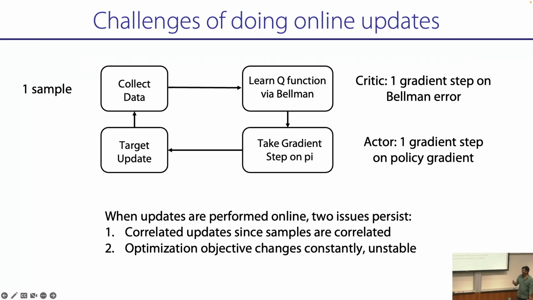And secondly, if you're doing this target update all the time, copying phi into phi hat all the time, the right-hand side of your equation is moving a lot. It's super unstable and doesn't work in practice. So when you try to do this online naively, it's not going to work because of these two issues. There are some fixes that they proposed, which we'll talk about now, which make this a little easier.